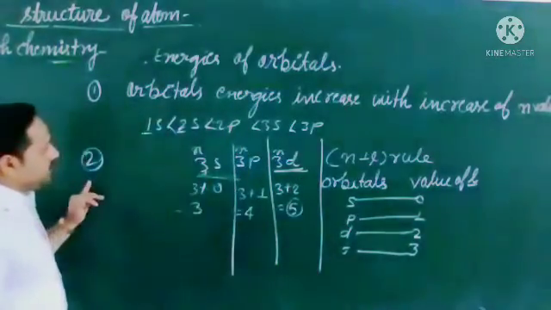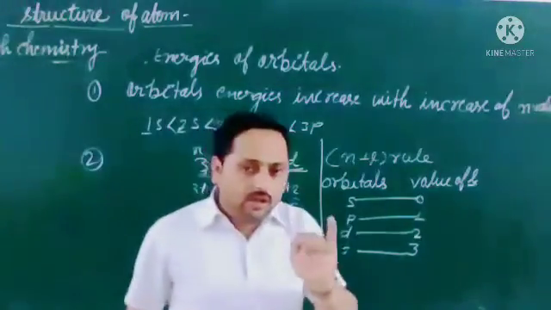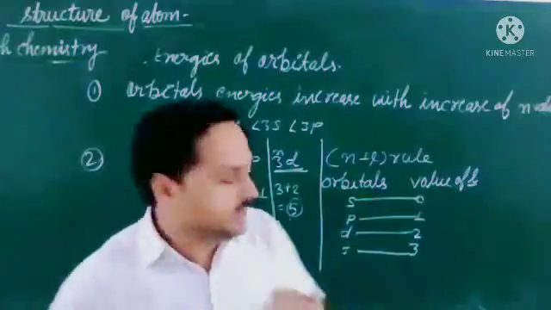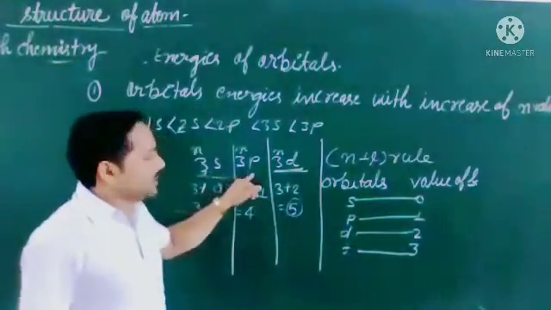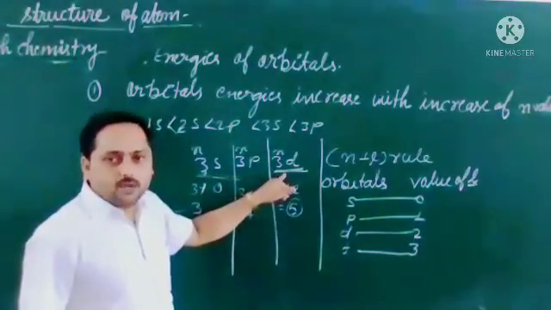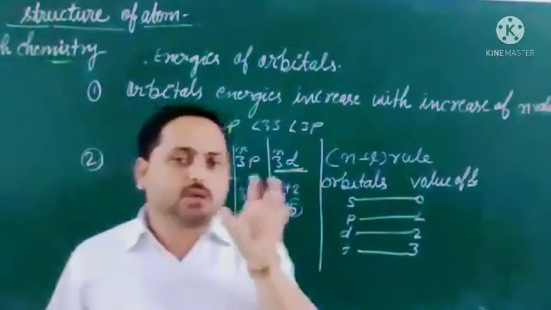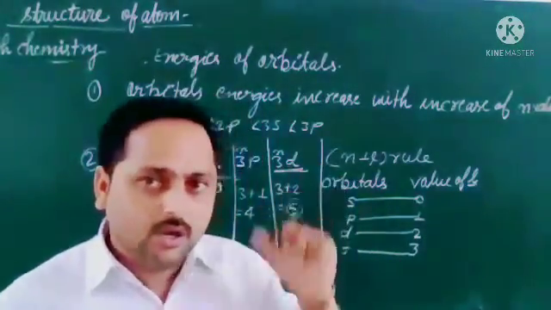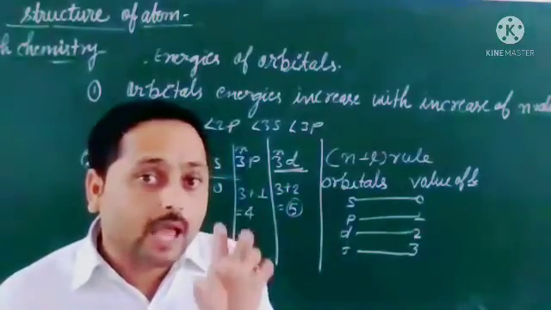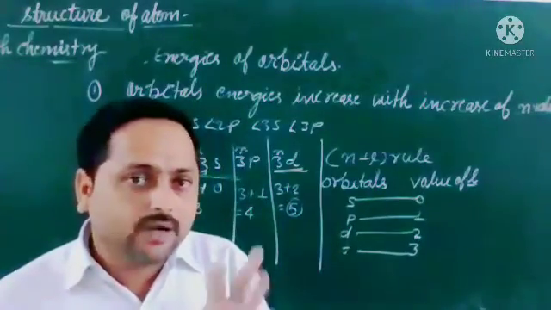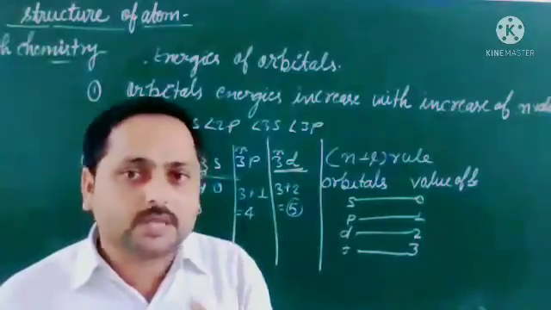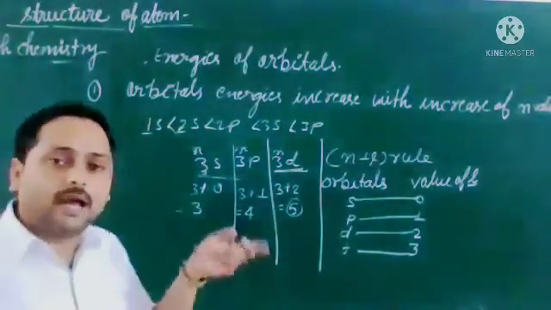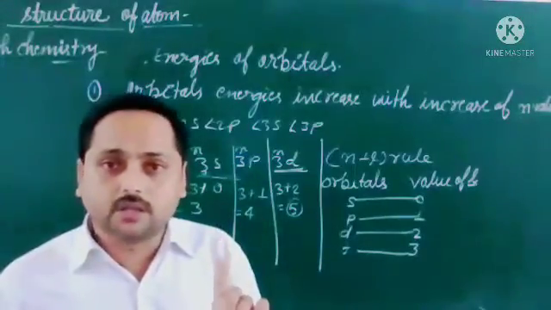Second point: if the orbitals are in different subshells, like 3s and 3d, it is difficult to differentiate their energy. So we use the n plus L rule, and the orbital with the higher n plus L value has more energy.